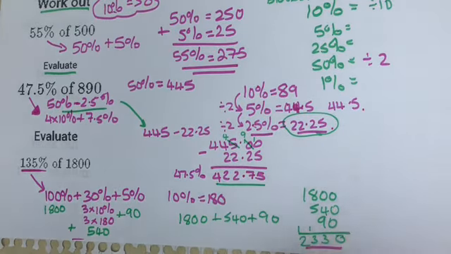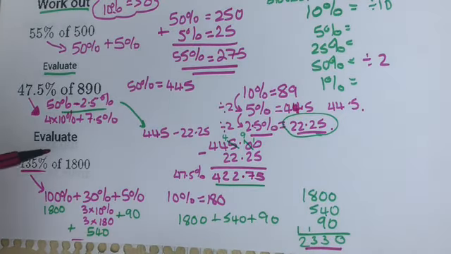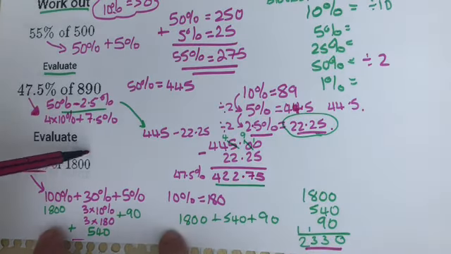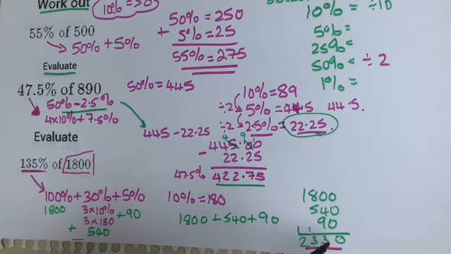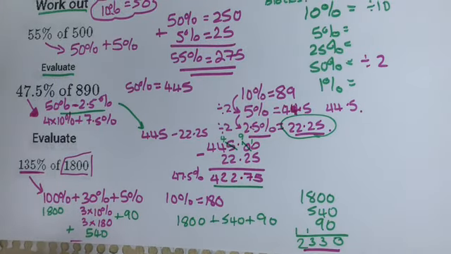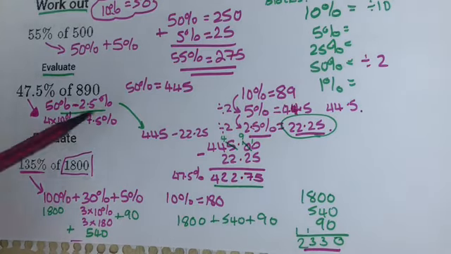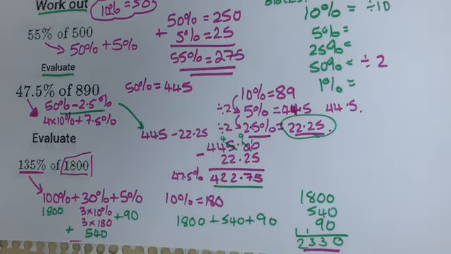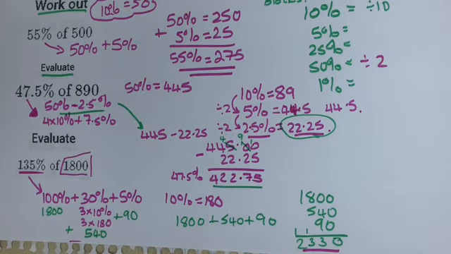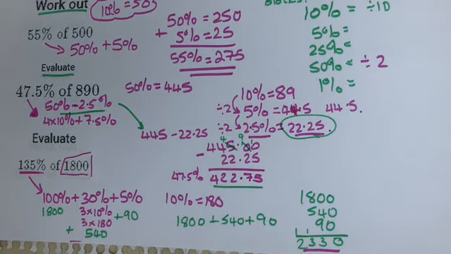So that is 135% of 1800. Notice that's the number you started with, and that is 100%. The answer you've got is more because you've got a higher percentage than 100. So if it's increasing, it's gone above 100%, then your answer will always be more than. Okay, you can now have a go at those questions on clip 85.